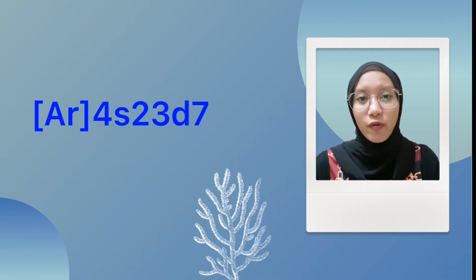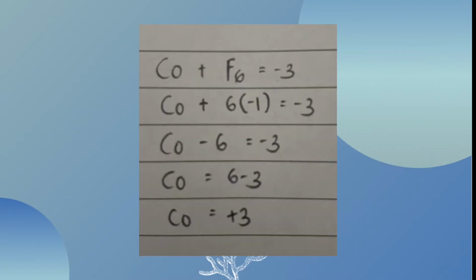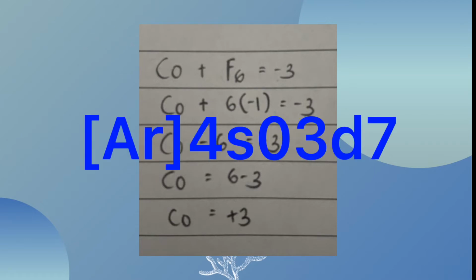The electron configuration of cobalt is 4s2 3d7. When observing cobalt 3+, we know that cobalt must lose 3 electrons. The first 2 to go are from the 4s orbital and cobalt becomes 4s0 3d7.